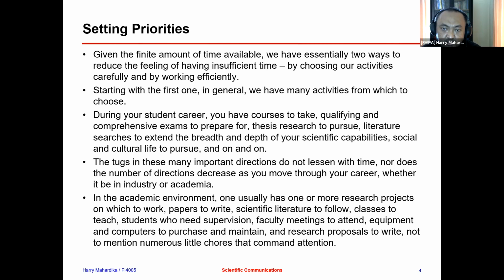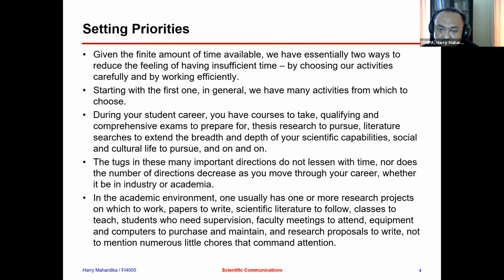And then you need to work on thesis research, pursue literature searches to extend the breadth and depth of your scientific capabilities, and social and cultural life to pursue, and on and on. So many things that we need to do in this period, in the fourth year of your bachelor's study.